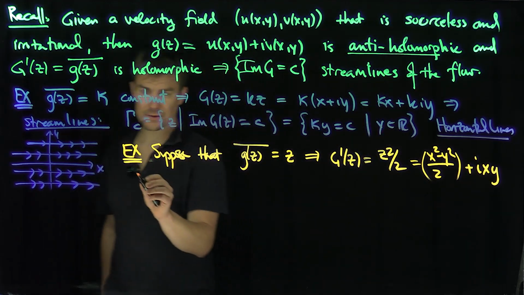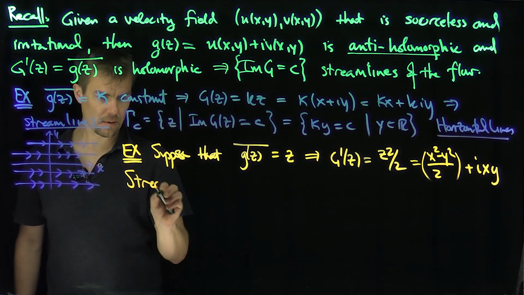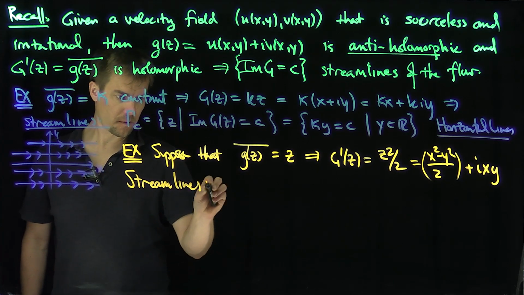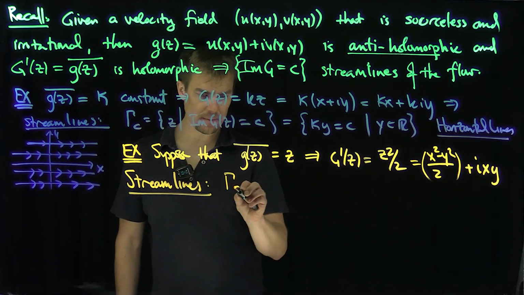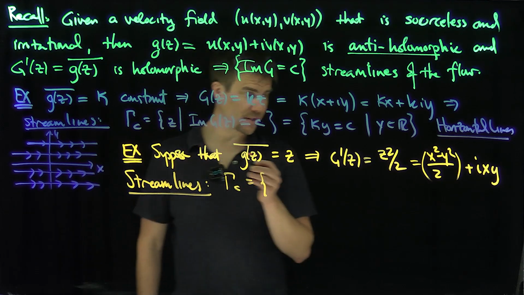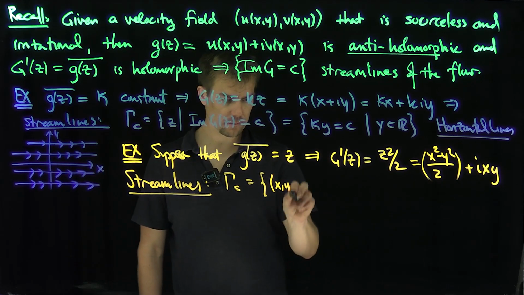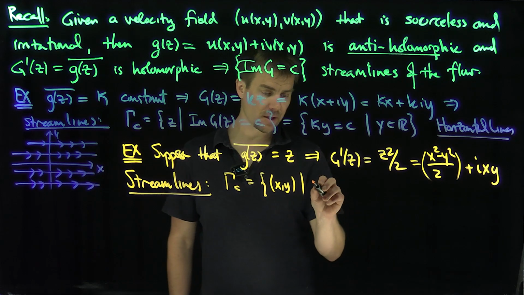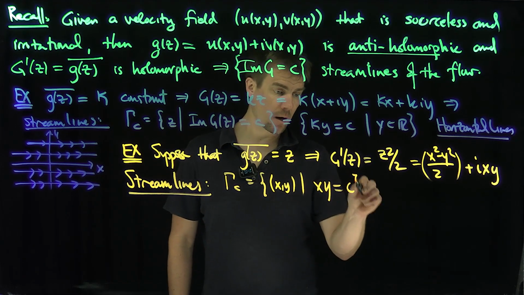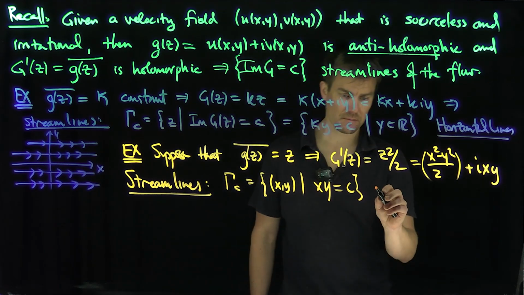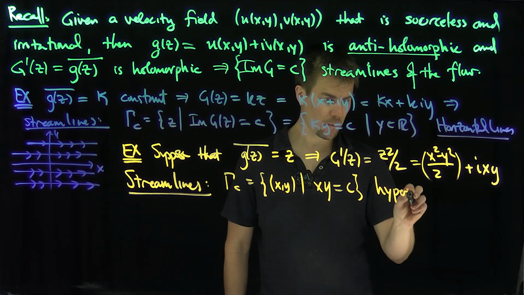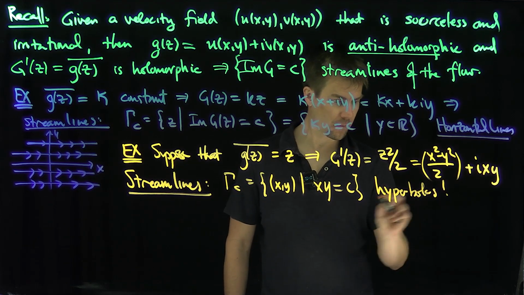Good, so what are my streamlines? The streamlines in this case, gamma c, are just going to be the sets of points x and y such that x times y is equal to c. Oh, those are what? Those are hyperbolas, right? Excellent.